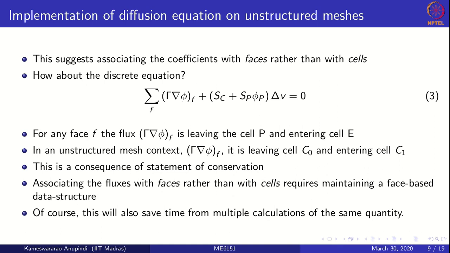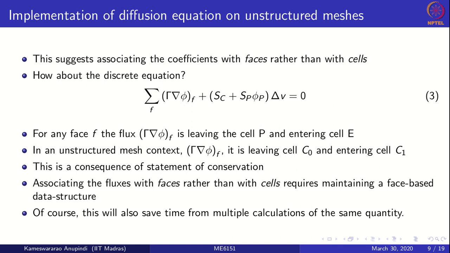Of course, this method of associating the coefficients to the phases rather than to the cells saves us from multiple calculations of the same quantity, because the gamma grad phi that we calculate for one phase is going into two different cells. So that way we can save computation.